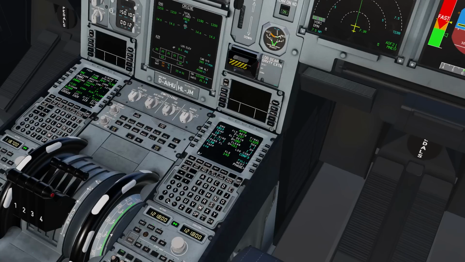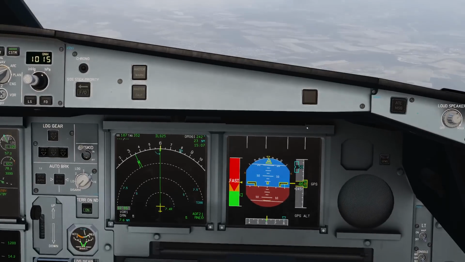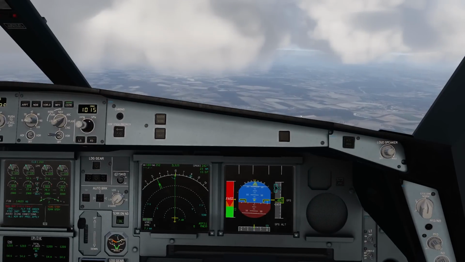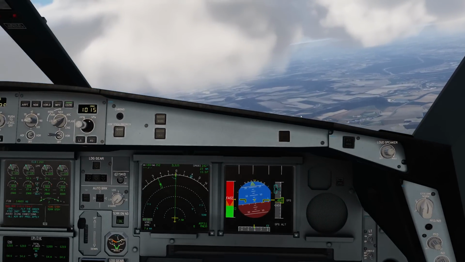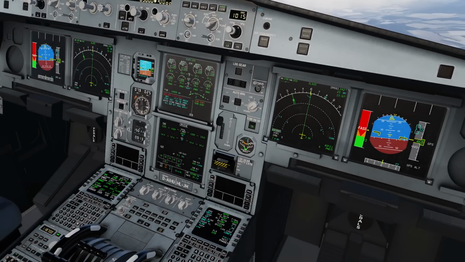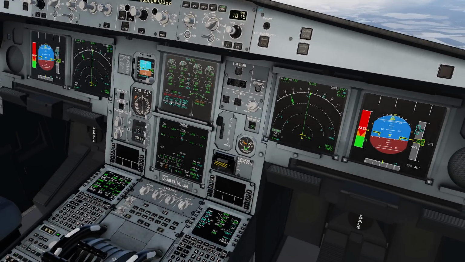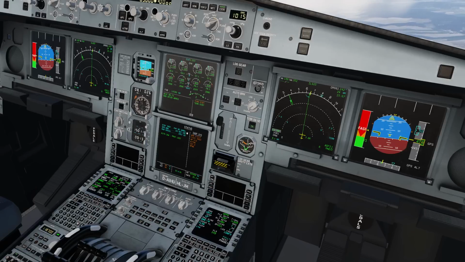Not that it would matter. Very important, do not enter a minimum, because we are flying on GPS altitude, and that is different from barometric altitude. So for that reason, do not enter a minimum. And we are basically finished with the procedure on the ECAM as well, so clear NAV. Clear NAV. Status.